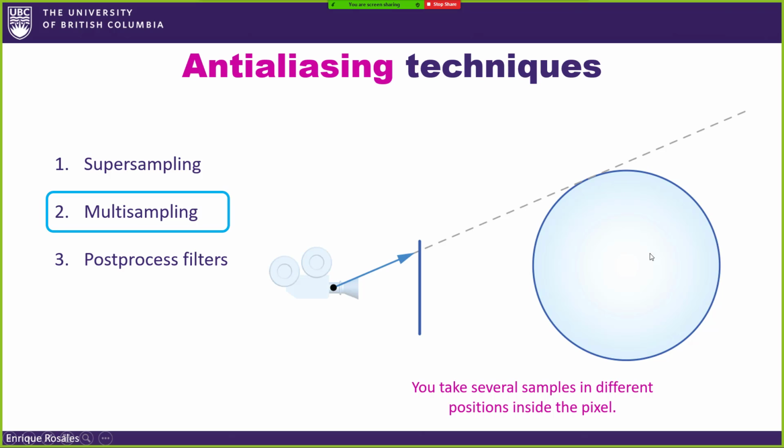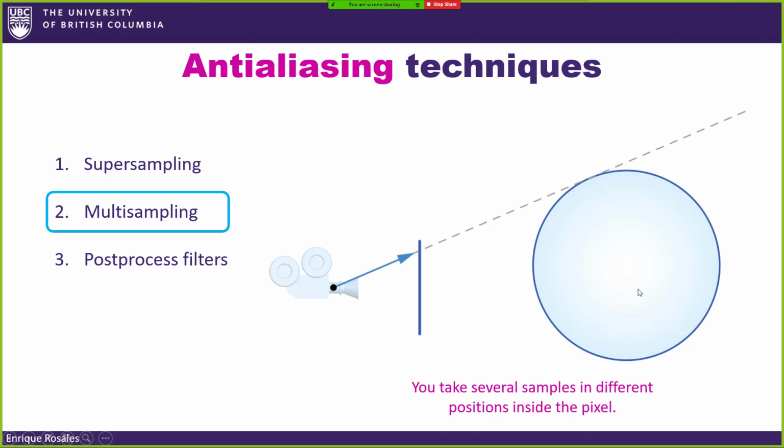Now, here we are still talking about multi-sampling. Imagine that we have a sphere, and we are casting a ray that is touching the border of the sphere.